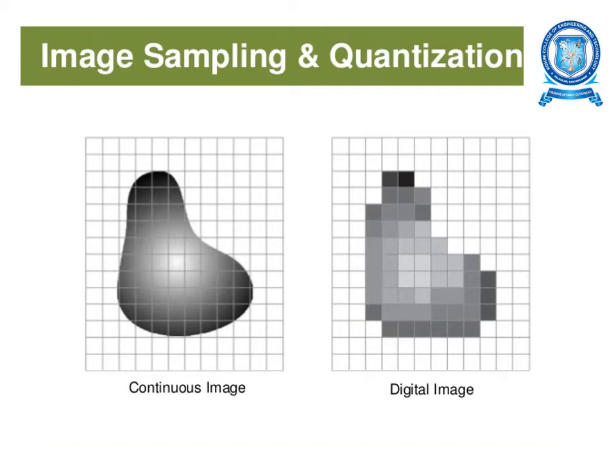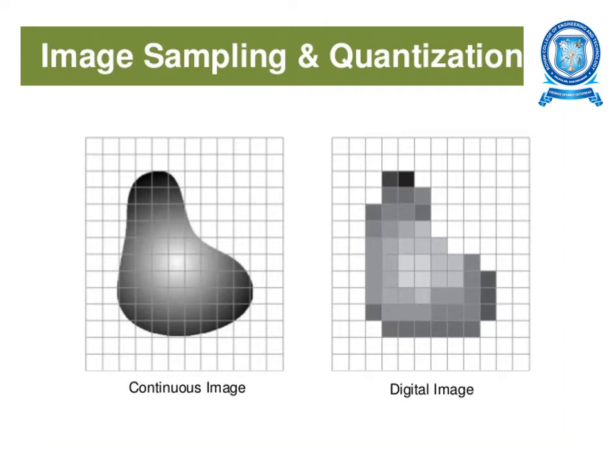For converting that, we use two processes called sampling and quantization. Sampling refers to the discretization of spatial coordinates, whereas quantization refers to the discretization of gray levels. This is the difference between sampling and quantization.